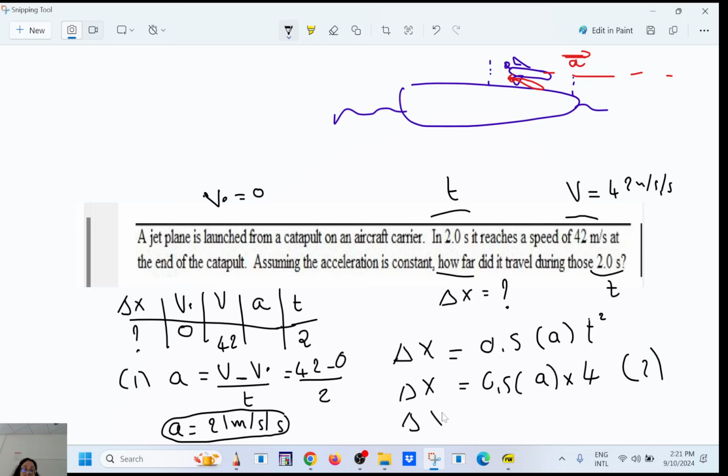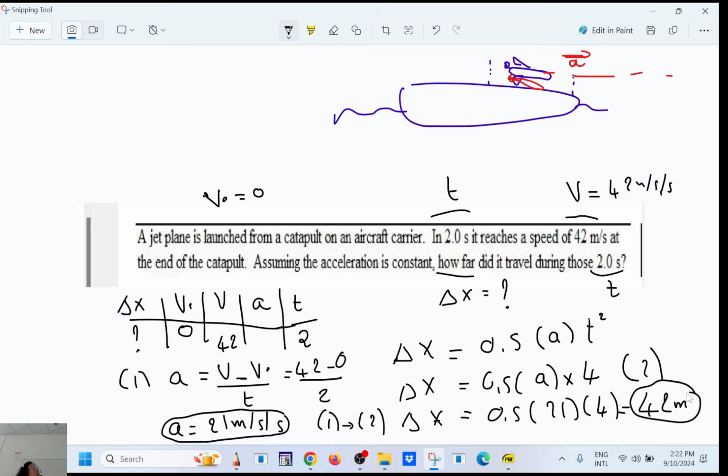So delta x equals, that's equation 2, that's equation 1. So equation 1 into equation 2, 0.5 times 21 times 4. So it's going to be 42. Do you all agree?